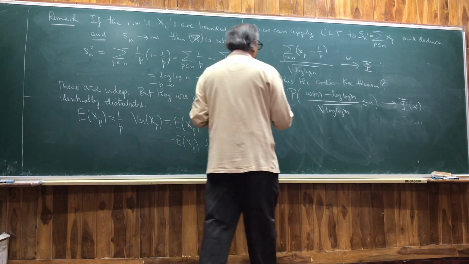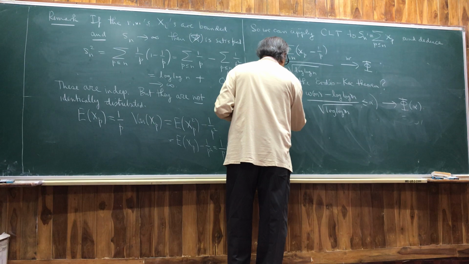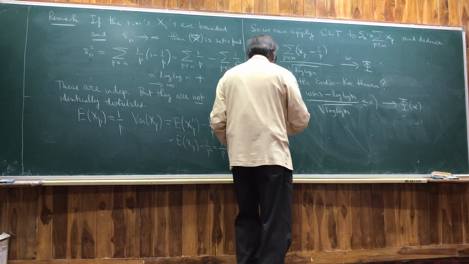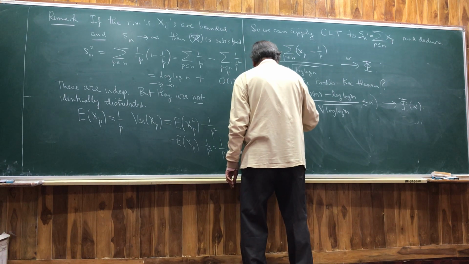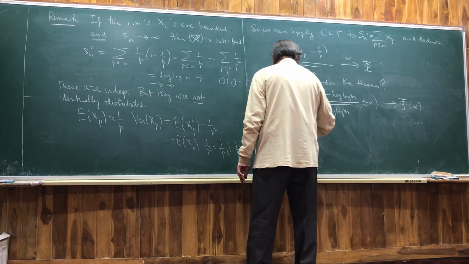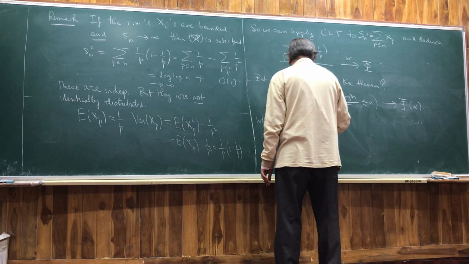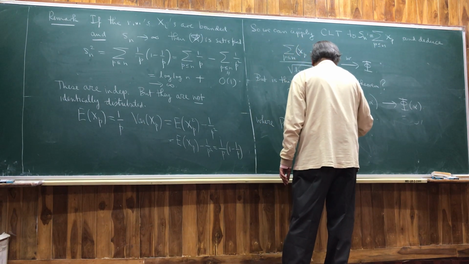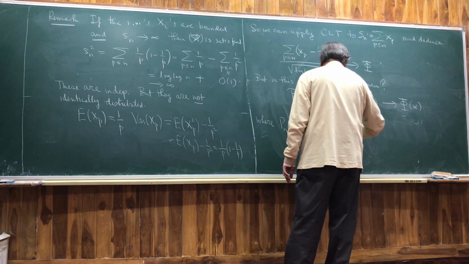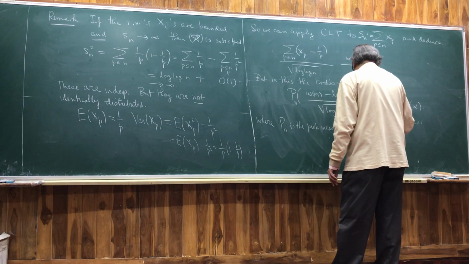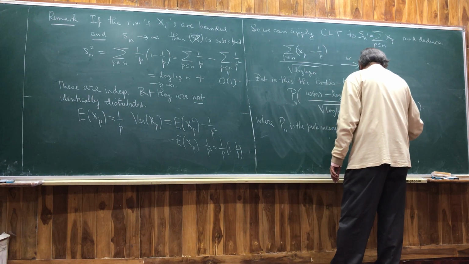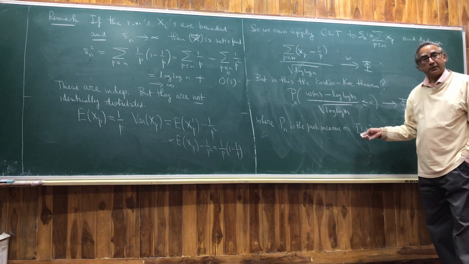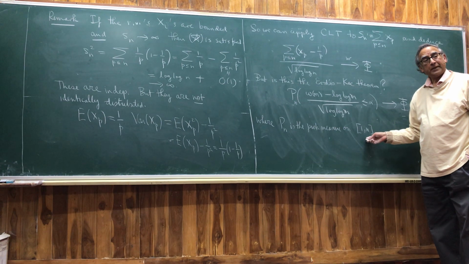So this is really a probability measure on the first n natural numbers, where P sub n is the point probability measure on 1 to n. So it's 0 outside.